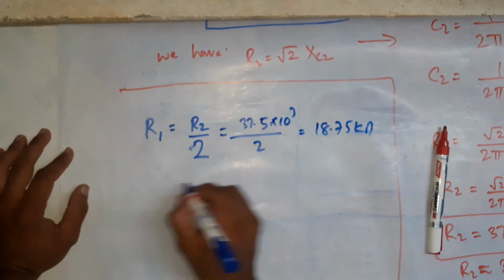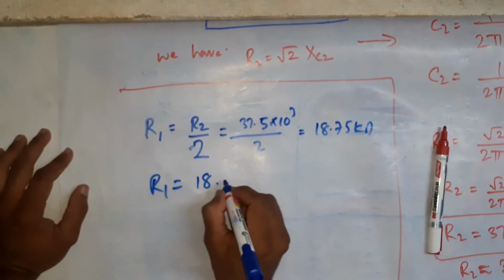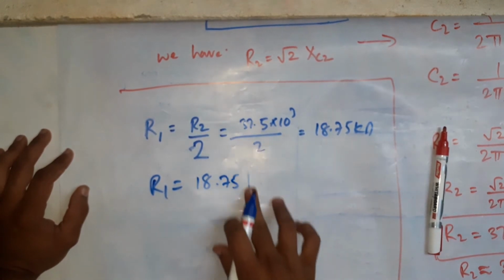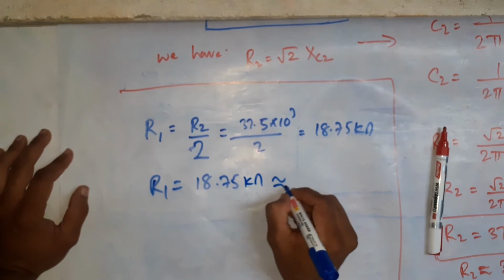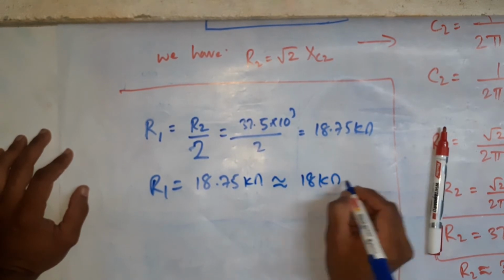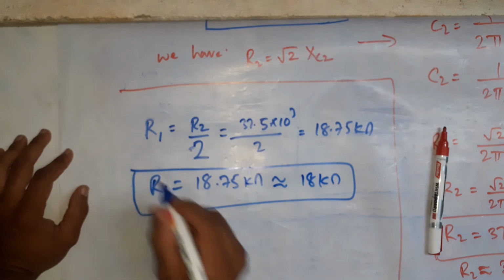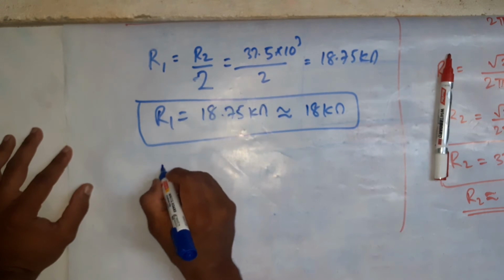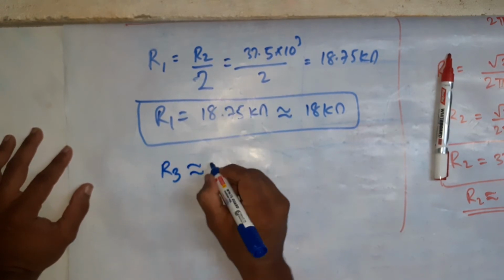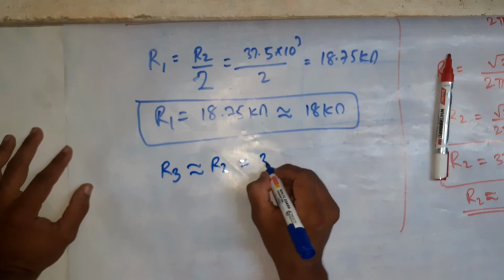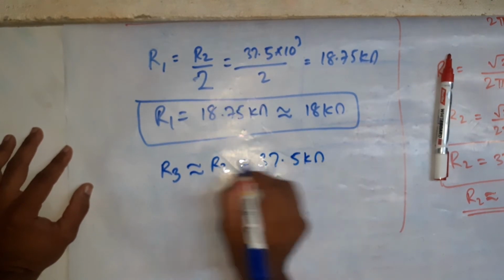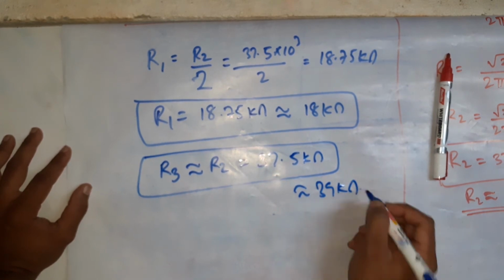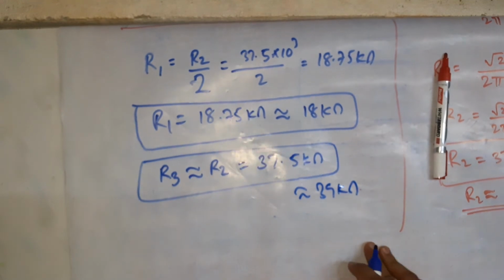Once again, you can choose the standard value, 18K. What about R3? R3 is taken equal to R2, 37.5 kilo ohm, which is nearly equal to 39 kilo ohm. Fine, so these are the values.